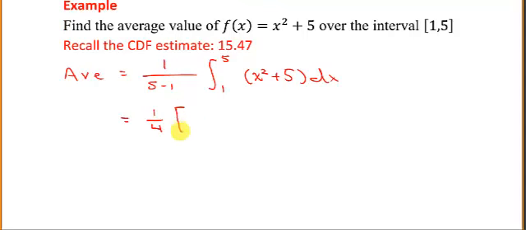When I anti-differentiate this, I'll get x to the third over 3 plus 5x, and I'll have to evaluate that from 1 to 5.